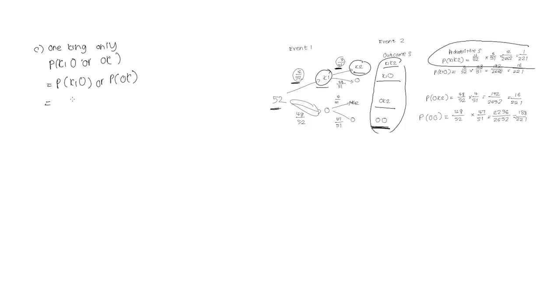Since these events are mutually exclusive, we add the probabilities of each individual event to obtain a final value. And we obtain a final value of 32 over 221.